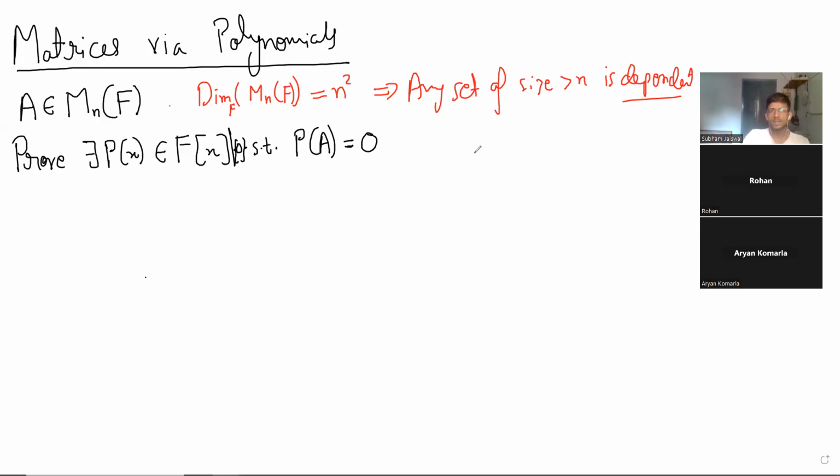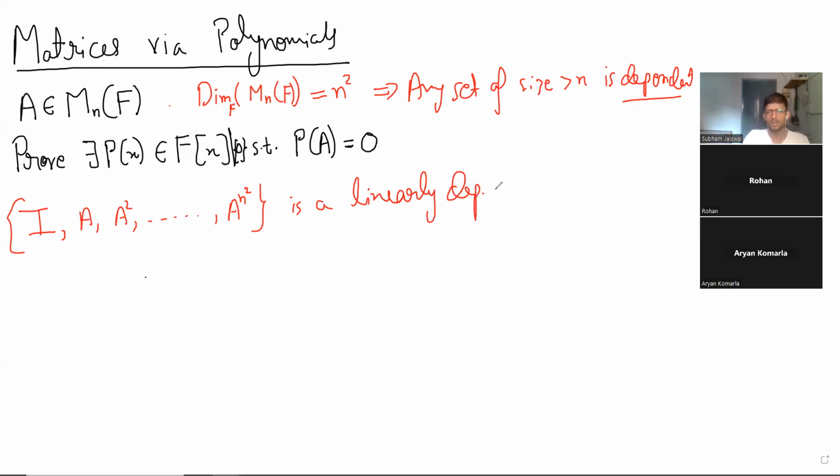So this gives us a hint. The hint is to simply consider I, A, A squared, and so on up to A to the n squared. So these are already n squared plus 1 things, and so this is a linearly dependent set.